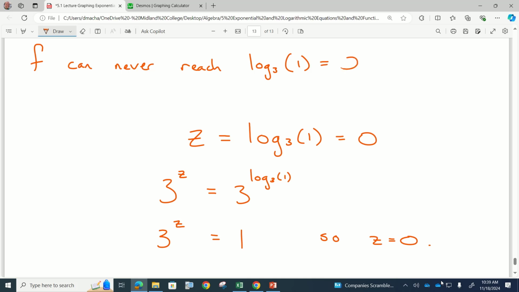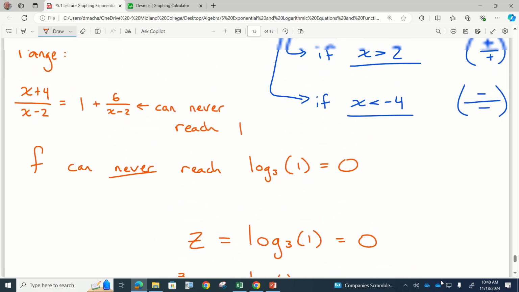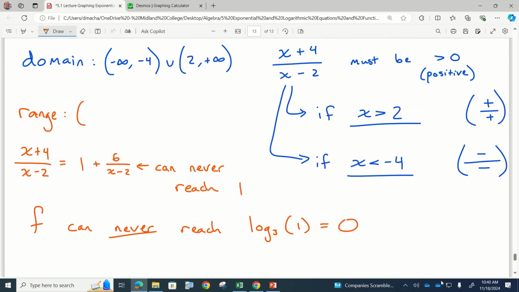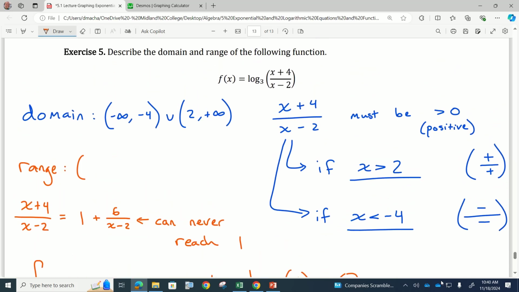And so my f function can never reach 0. And what does that look like? Well, normally the range of my logarithm is all real numbers, everything from negative infinity to positive infinity. Only the issue this time is I can never reach 0.